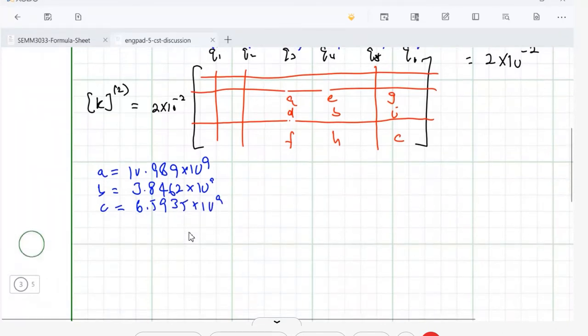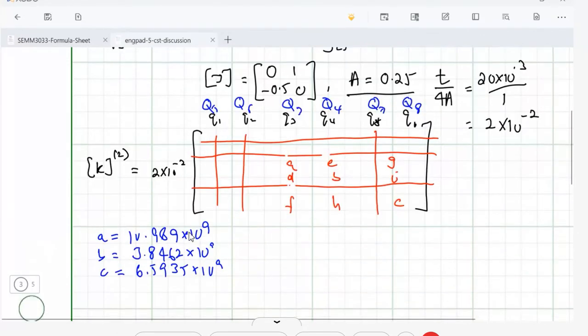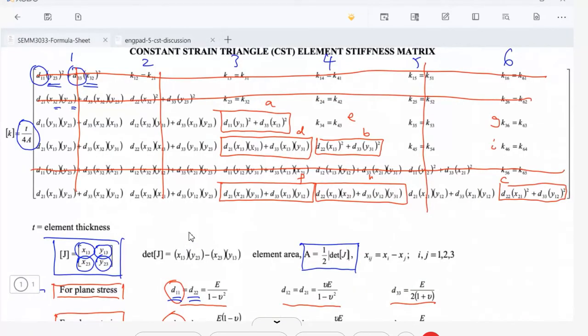And of course, now we can find that D and E, D equal to E is just 0, because of y31 and 1y3. These two are 0.